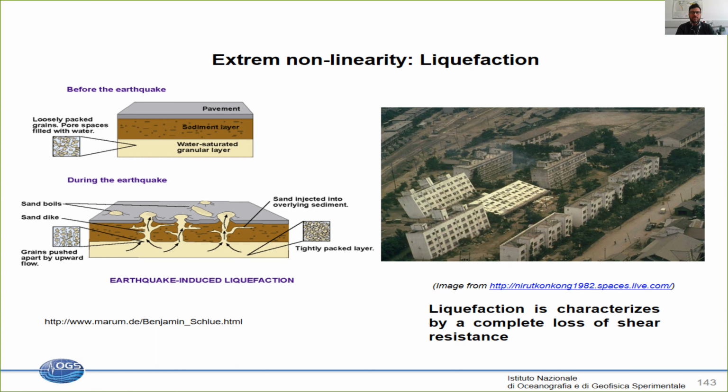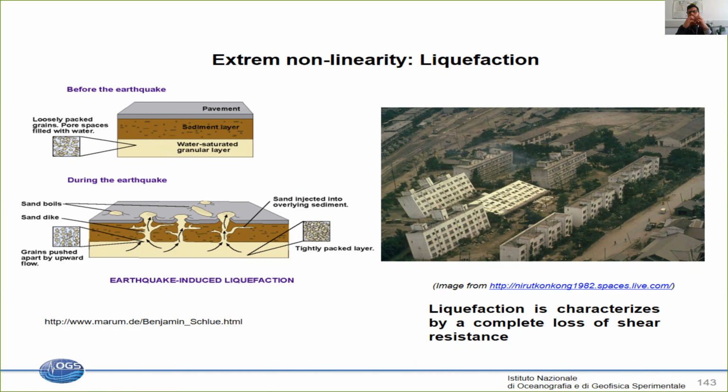So why is this happening? This is happening generally because we can have some material, principally in sands but not only, that is water saturated. And so we have some fluid, some water, in the pore space between the grains of sand.